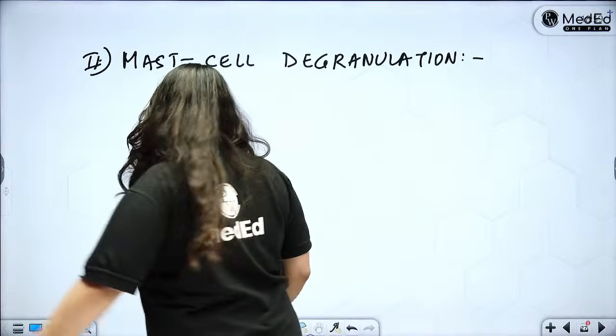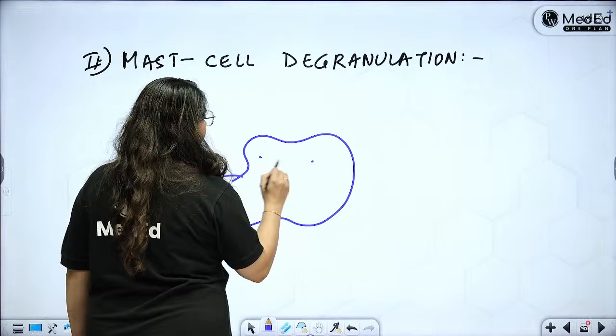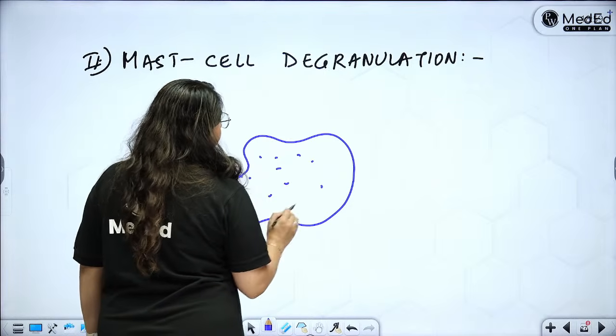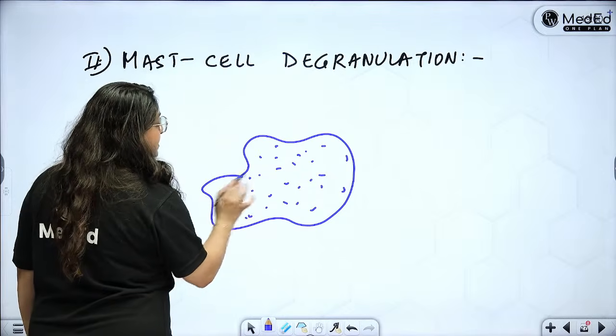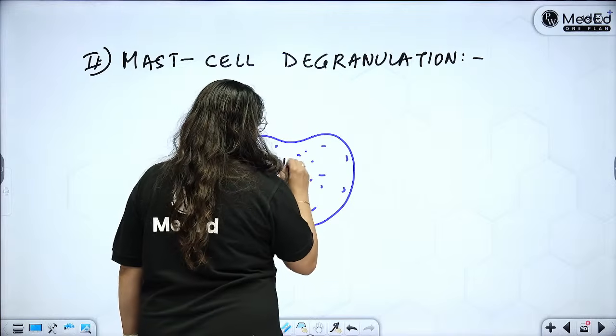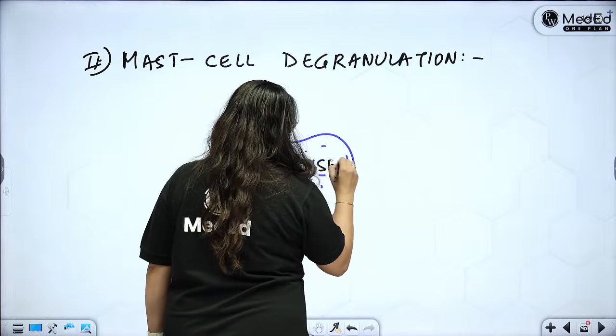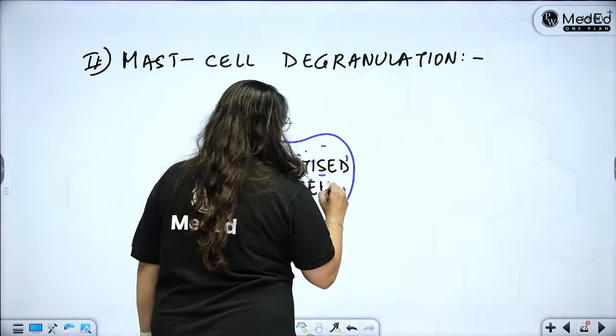You see, this is my mast cell. It had all of these granular enzymes inside. And what was the property of this mast cell? That it was sensitized. What is the meaning of a sensitized mast cell?